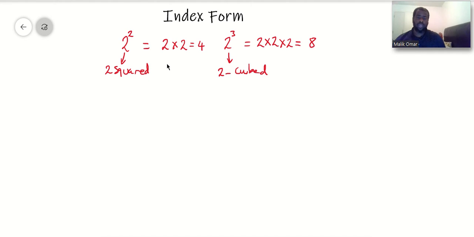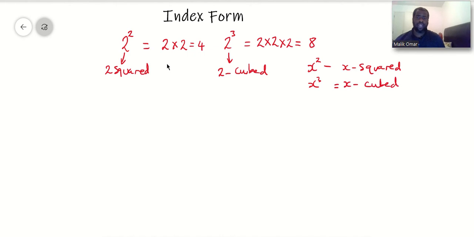If we had a variable, let's say x to the power 2, we say x squared. And if we had x to the power 3, this will be x cubed.